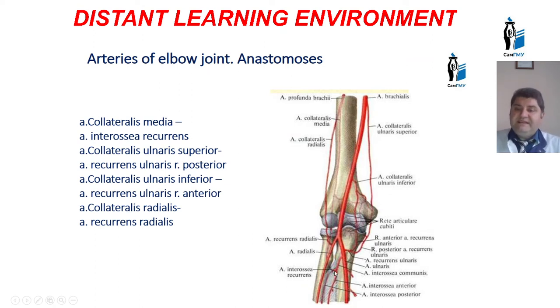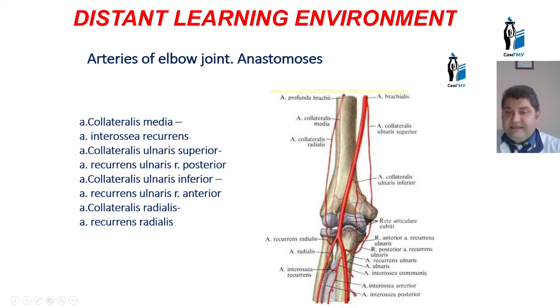You may see that arteria interossea recurrens passes at the posterior side of the elbow joint and forms a connection with arteria collateralis radialis at the posterior side of the elbow joint. Next, you may read about the superior ulnar collateral artery and its anastomosis with arteria recurrens ulnaris ramus posterior.